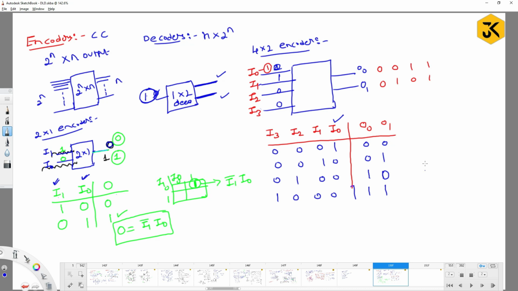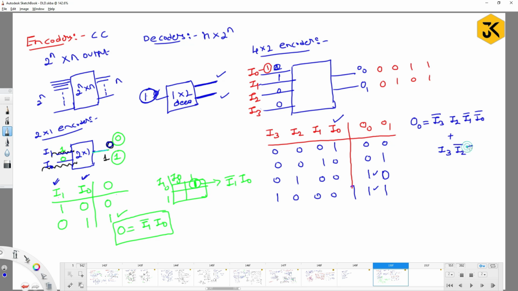So can you write the expression for O0? Yes, right? How? Can you take K-maps again? You can take the K-maps, or if you want, you can write directly. The O0 value is what? See the minterms I have to write. I3 bar, I2, I1 bar, I0 bar, plus what about another term?